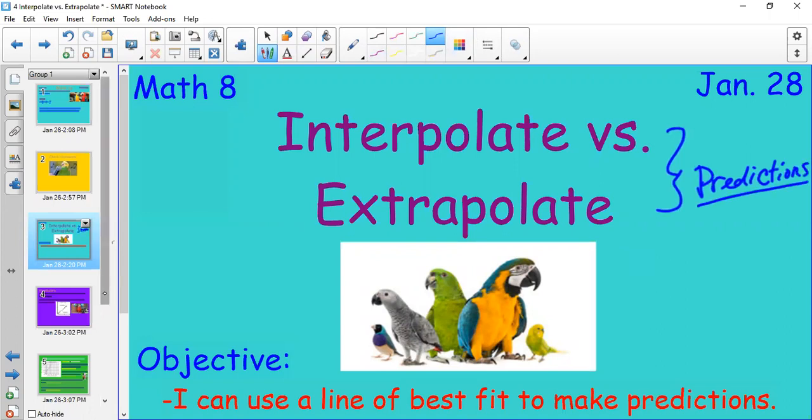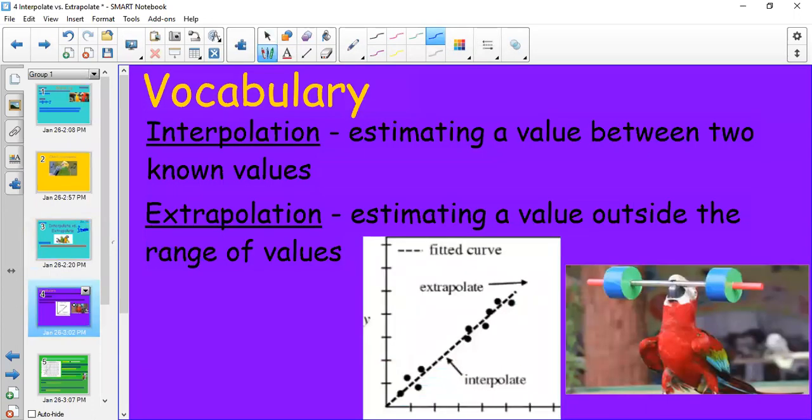Okay, so first off, let's look at that vocabulary. Interpolation: both of these are estimates. They're not exact, but we're going to either estimate a value between two known values, in other words, estimate a value inside of our data.